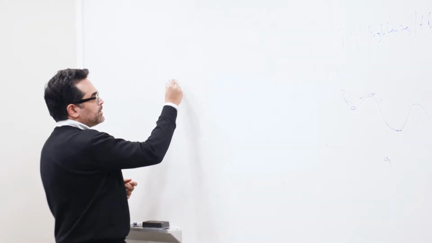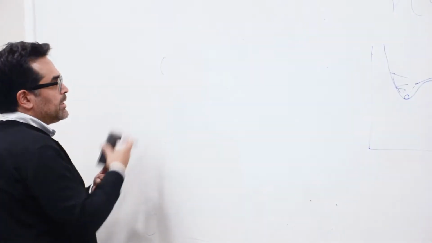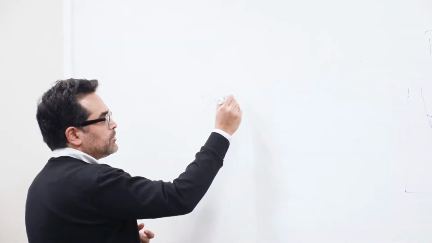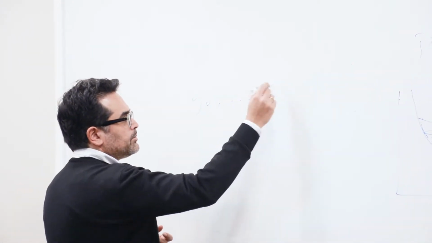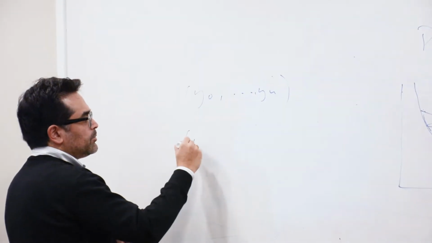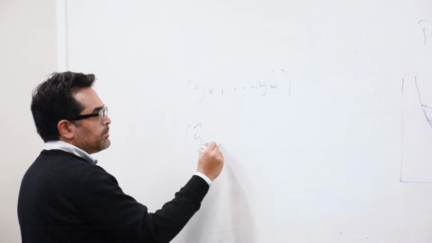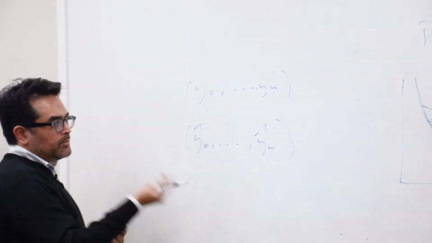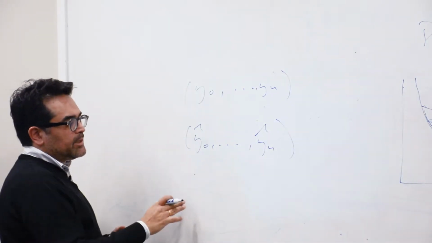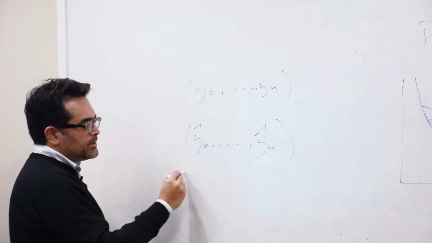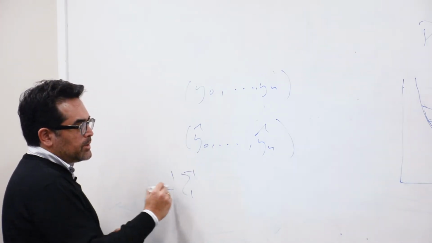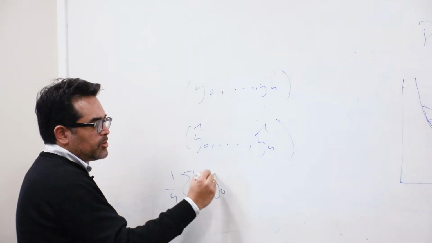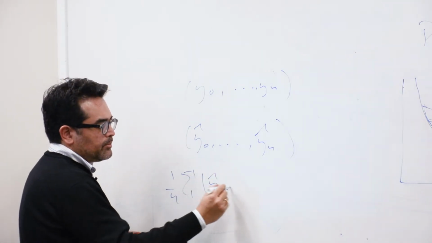Let's say your estimated outcome is y0 to yn, and your actual outcome is y0 to yn. Then if you're calculating the mean absolute value of the distance, it is 1 over n times the difference between yk prime and yk.